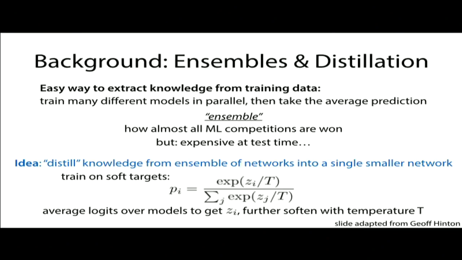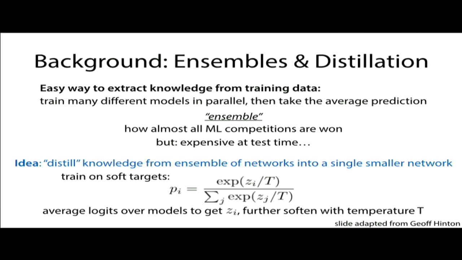Yeah. So you're averaging over the logits. Yes. What if they're different scales? I think the temperature is what handles the scales. So you average the logits to get the Z_i.